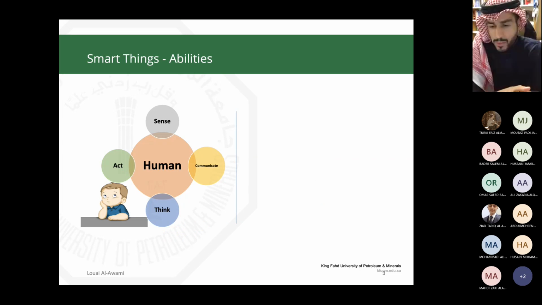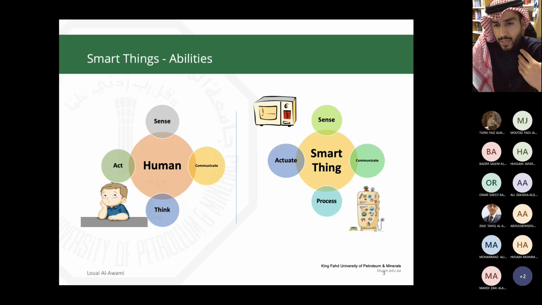Of course, there is nothing that can be compared to humans when it comes to intelligence. However, we're borrowing certain attributes of what makes a human intelligent. So we, as humans, sense. So things can also perceive their environment. They can have sensors to give them information about the environment.